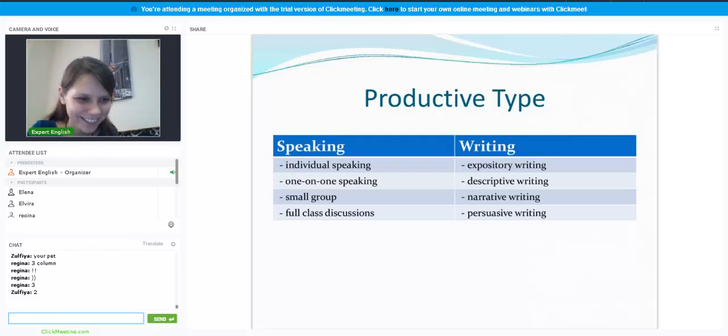It's not an exam. So, Regina thinks it's persuasive writing, but actually it is a narrative writing. In letters, we just narrate something, we just tell about our everyday thing. It is just a subdivision of writing types.